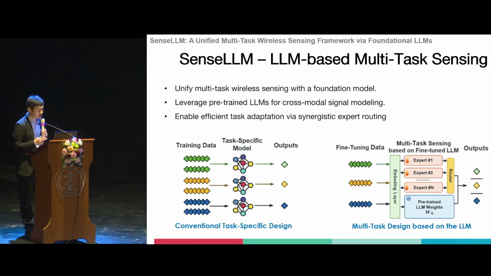More specifically, we want to freeze the LLM backbone and only train a small set of adapter parameters. In this way, we hope to transfer priors from the language domain to the RF domain and build a unified multitask wireless sensing framework.